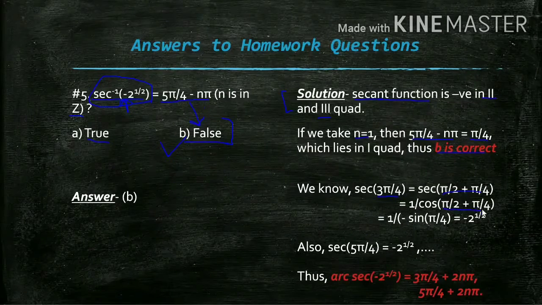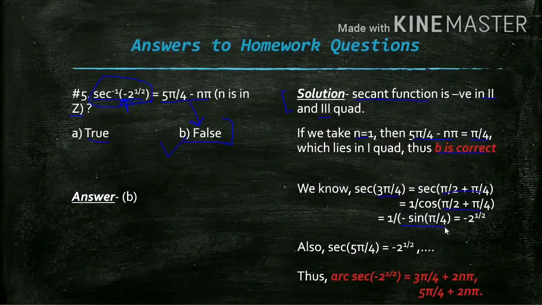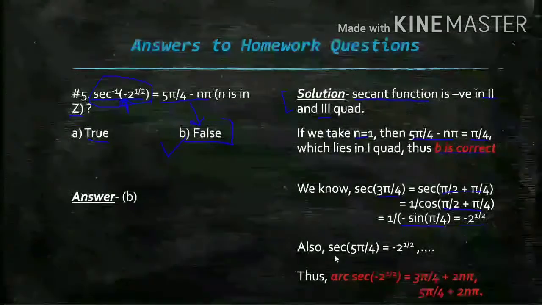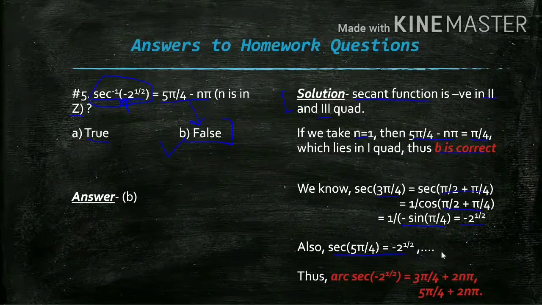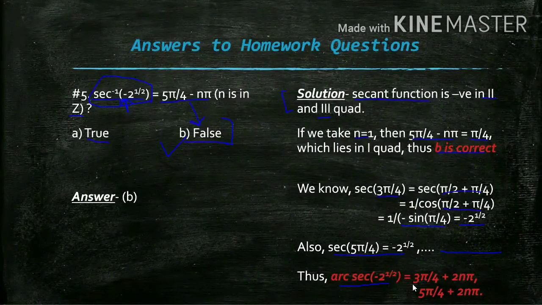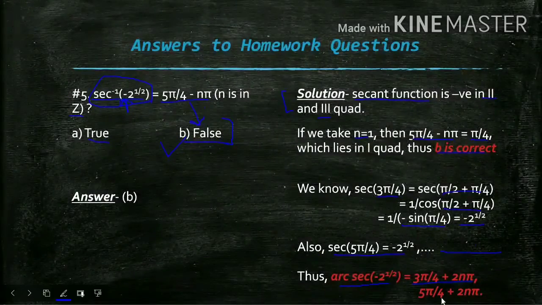Now cos of 90 plus theta is nothing but minus sin theta. So it will be minus root 2. Also write one negative value. Then you will say that sec inverse of this would be, you know how to formulate this general notation, 3 pi by 4 plus 2n pi and 5 pi by 4 plus 2n pi.